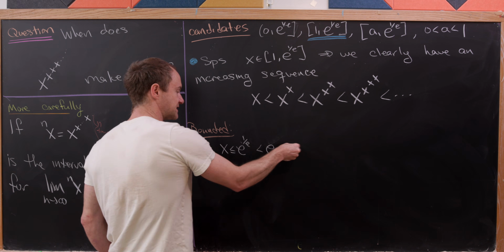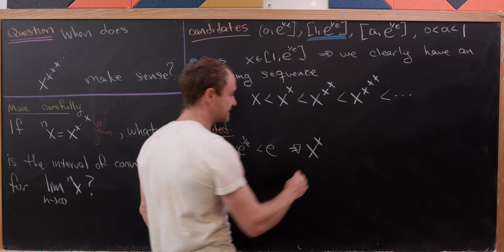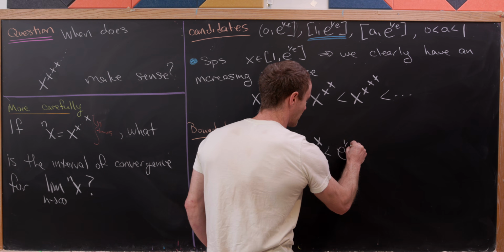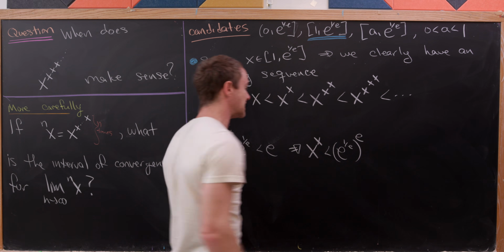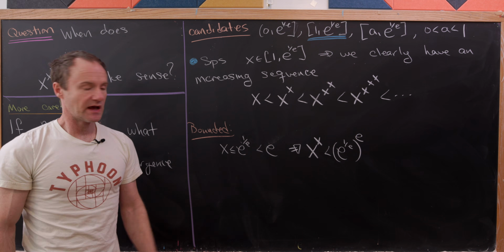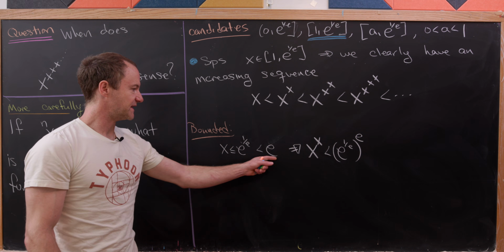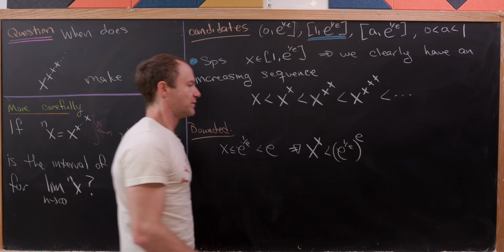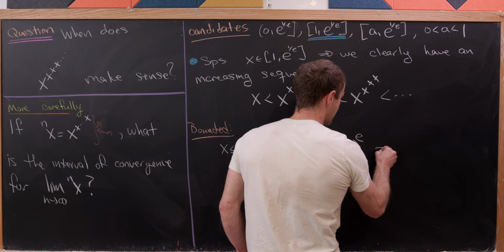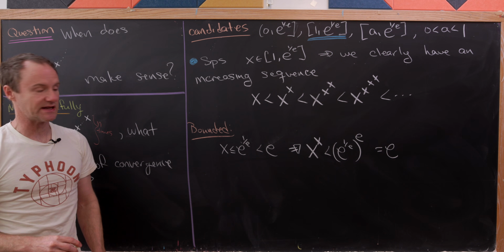But now that means that x to the x is going to be less than e to the 1 over e raised to the e power, where I replace the base with e to the 1 over e, and I replace the exponent with e, because I've got this inequality right here. But now I can put those two things together and I just get e. So we've got x to the x is also less than e.